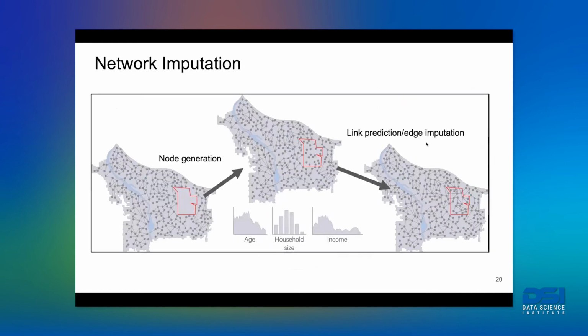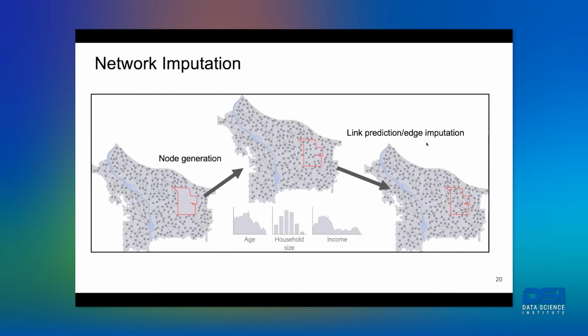Okay. So like I said, link prediction is not one of the problems I was interested in at the beginning. It was just this really common primitive or subroutine, if you will, that many papers have been devoted to studying. And so what I'd like to do is use this to try to solve the problem I'm actually interested in, which is network imputation. This plot shows you essentially the idea here.